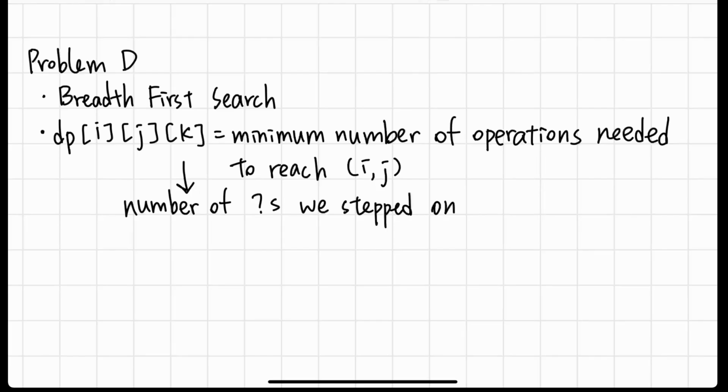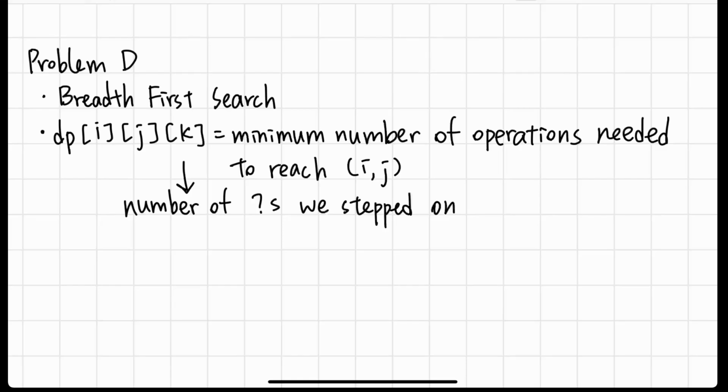And we can do BFS by storing the current location that we're on, so I and J, and also the parity of the number of question marks we stepped on. So for K, we only care about whether it's even or odd, because if we step on question marks for even times, then they cancel out and equal to stepping on it none of the times.